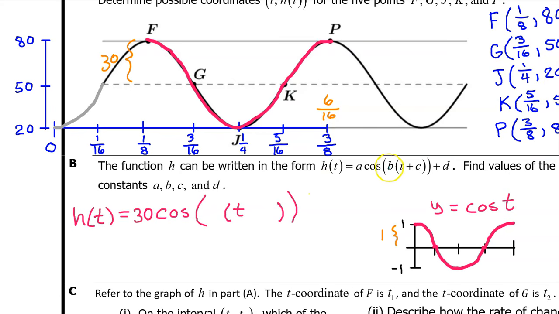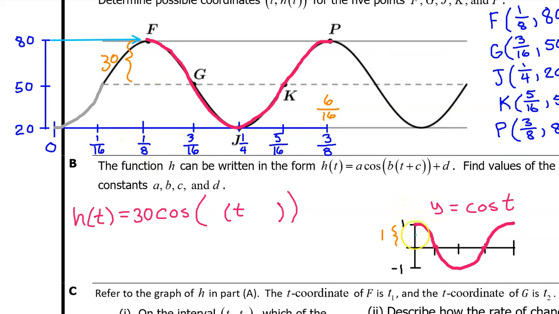I'm going to save the b value for last. I'm going to come back to that. The c value indicates the horizontal translation of the graph. So we see that compared to the parent function, h of t has a horizontal translation of 1/8.